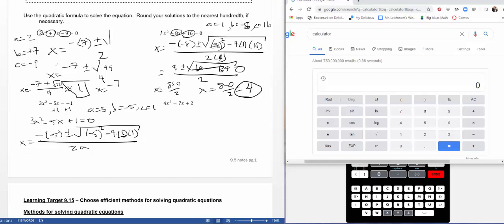So let's see, minus negative 5, I don't need a calculator for that. That's positive 5. Minus 5 squared, minus 5 times minus 5 is 25. 4 times 3 times 1, 4 times 3 is 12.